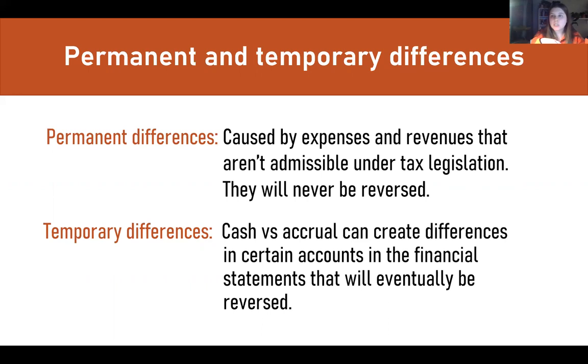Temporary differences, eventually they're going to net out. So what I mean by that is if we're taking your paycheck example, in my tax declaration in 2020, since in my accounting income I have this paycheck included, I'm going to remove it to get to my taxable income. So my taxable income of 2020 will not include that paycheck because I didn't receive it in cash.